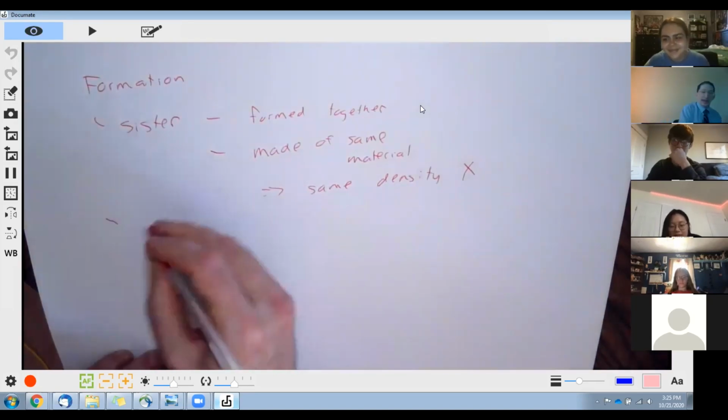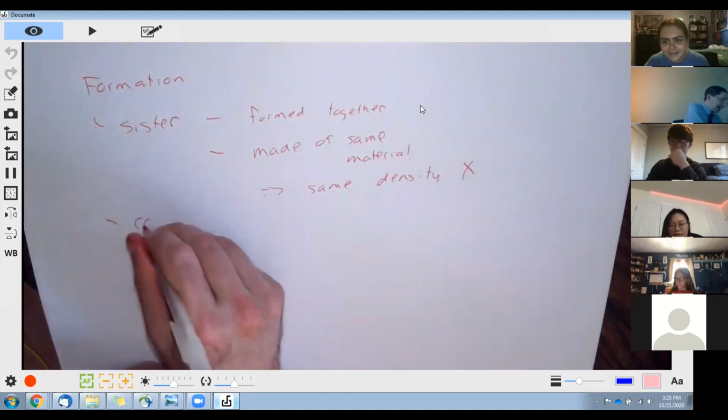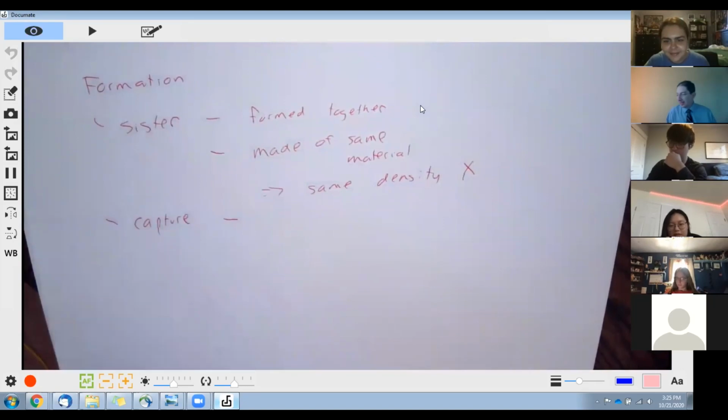So if we didn't form together, maybe the moon formed someplace else and we captured it. So this is called the capture theory. And there are 2 points here. The first point is it's difficult, and the second point is it's impossible. Let me start with the difficult point first.